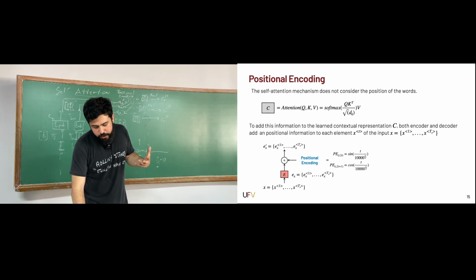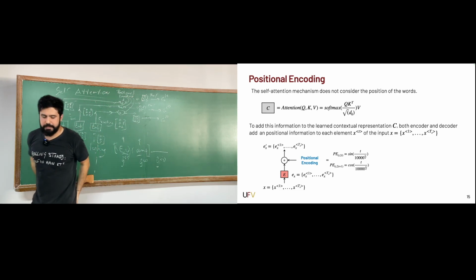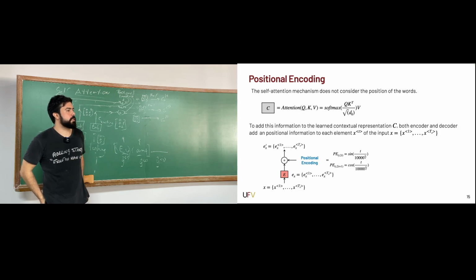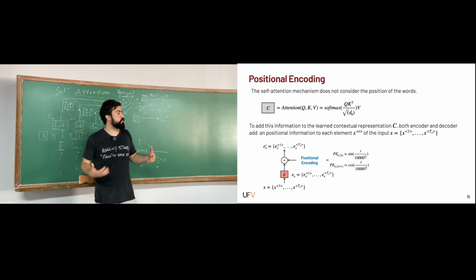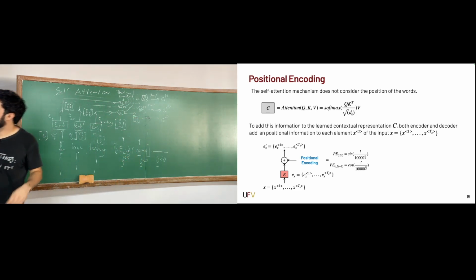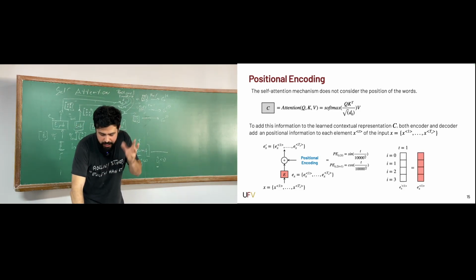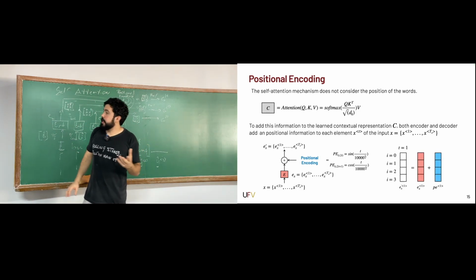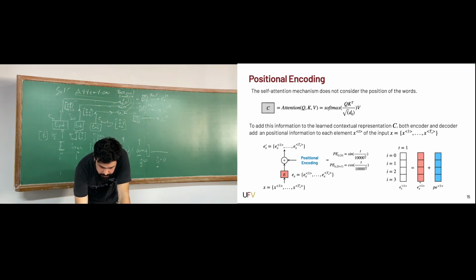So how does this positional information work? This is perhaps the least intuitive part of the transformer. They use sines and cosines to add position information to each input element of the sequence X. What you have to have in mind is that for each of these words X, here in red, this is our embedded vector.